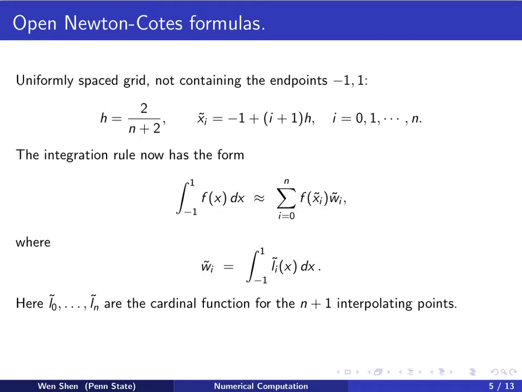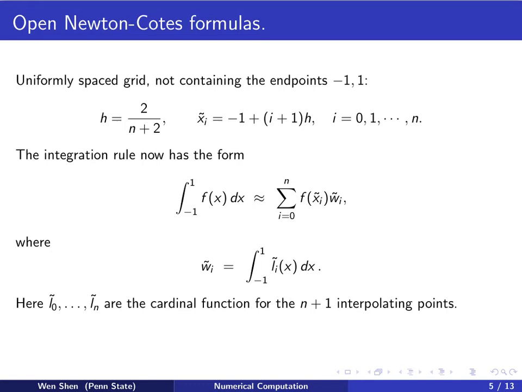Carrying out in a similar fashion, one can write out the integration rule as taking the function value at the nodes multiplied by the corresponding weight and summing them up. And the weights wi tilde here are computed as the integral of the corresponding cardinal function.